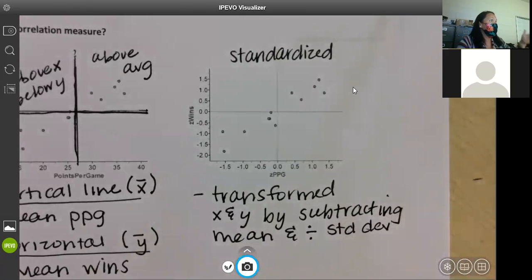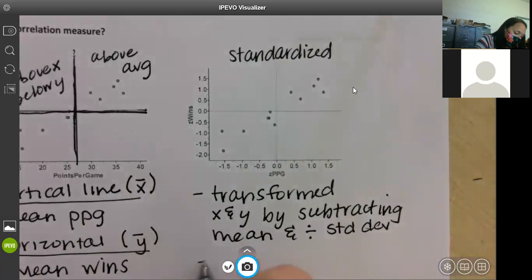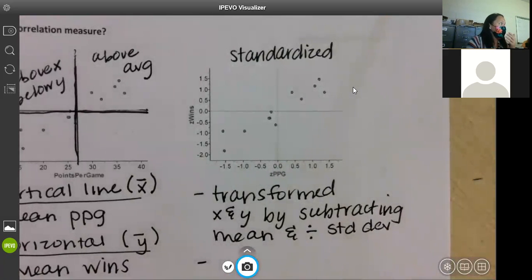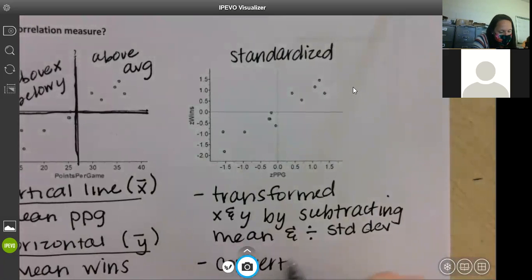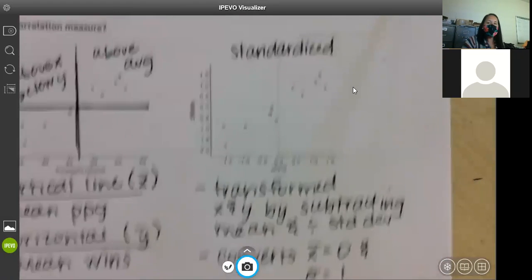The observation minus the mean, divided by the standard deviation. That's all the formula is saying. Why do we do that? It converts the mean, X bar, to 0 and your standard deviation to 1.